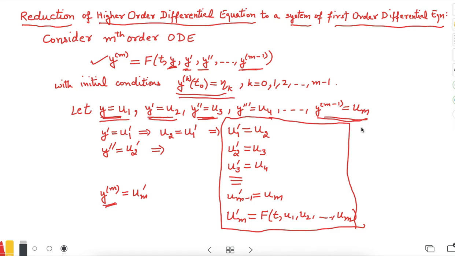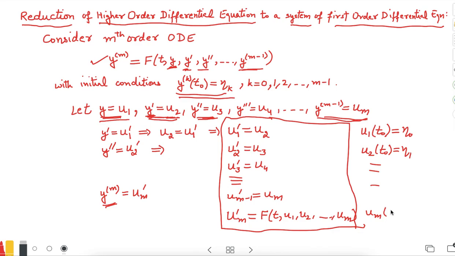So this equation will have the condition that u1 at t naught is eta naught. Similarly, the second equation will have u2 at t naught, which means y dash at t naught, which means eta 1. This can be continued and all the conditions can be calculated.